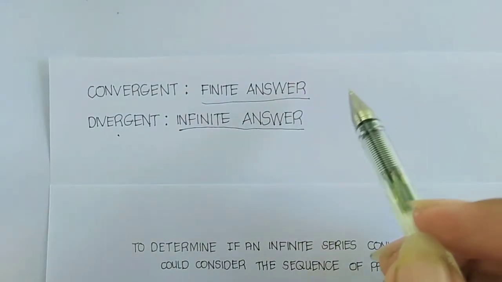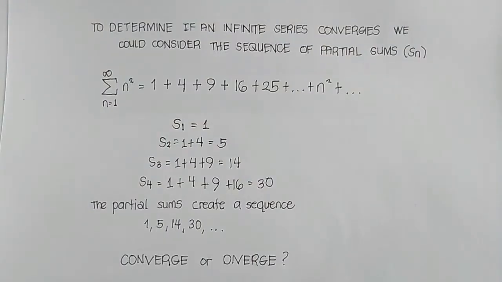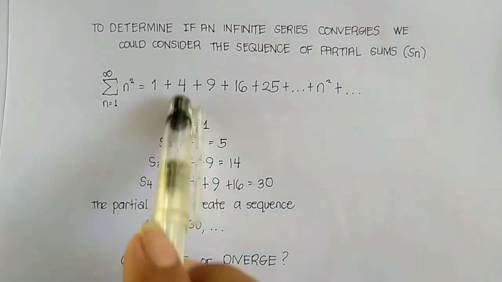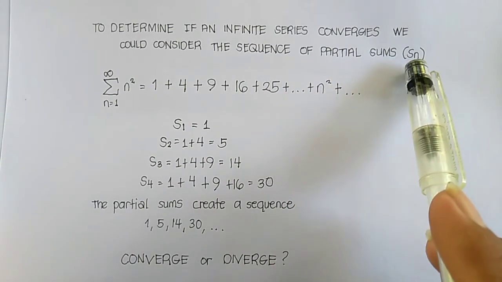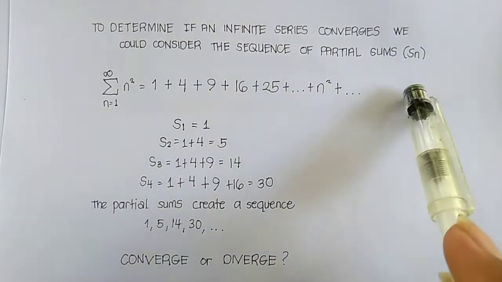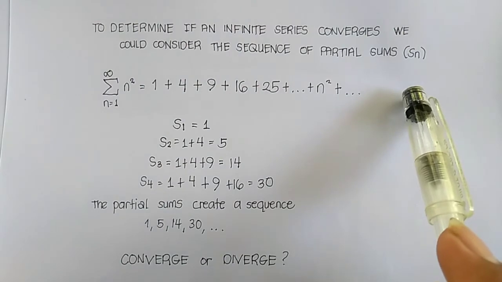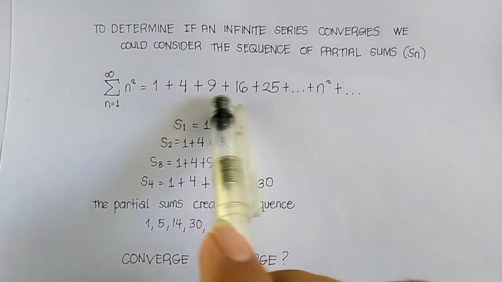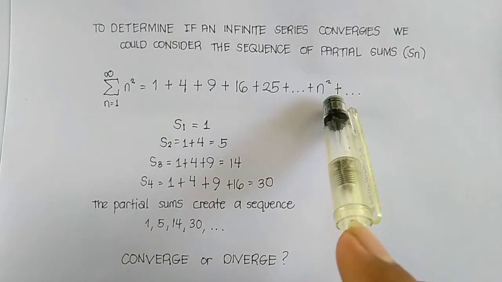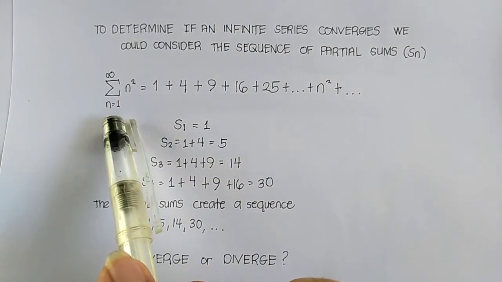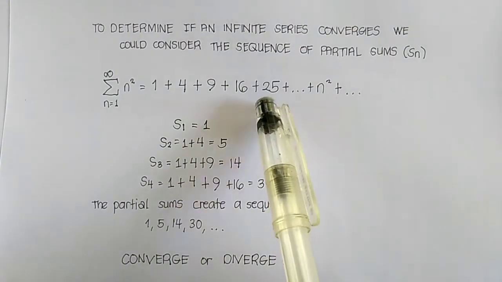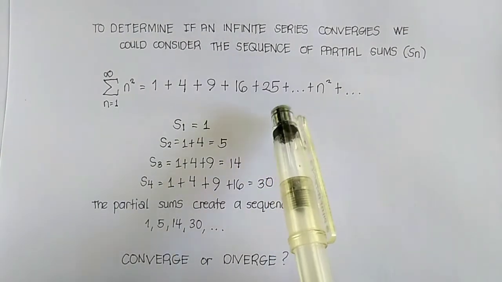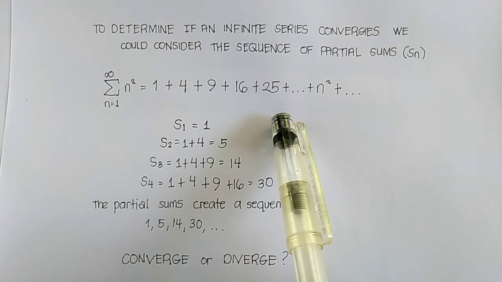So to determine if an infinite series converges or diverges, we must consider the sequence of partial sums, or the nth partial sums. What that means is, if we have an infinite series, for example the infinite series of n squared from 1 to infinity, and we want to know if it converges, we are going to take a look at the sum of the first term.